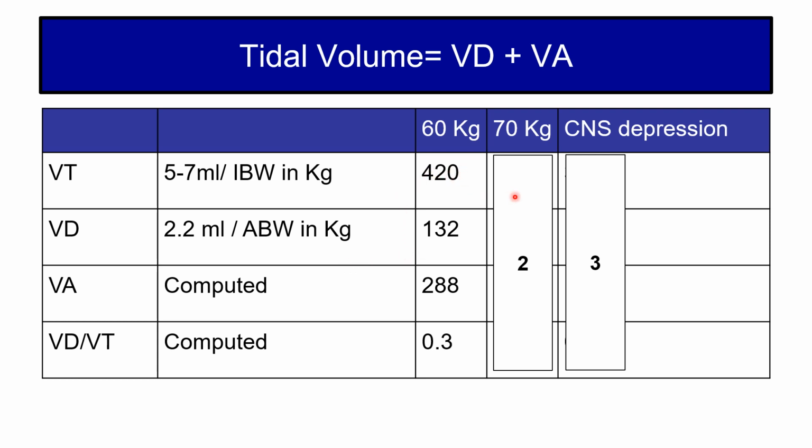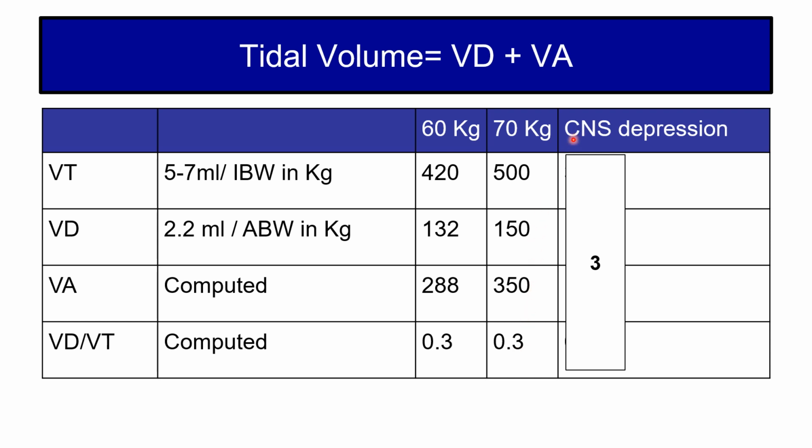So for 70 kilograms, we multiply that by 7, then that's around 490, but you usually round it up to 500 cc. The dead space volume is 150, alveolar space is 350, and the physiologic dead space ratio is 0.3.